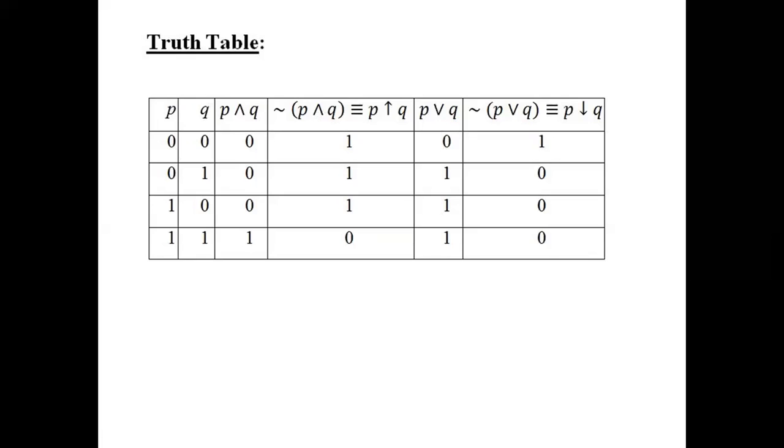Now negation of P or Q will be: negation of 0 is 1, negation of 1 is 0, negation of 1 is 0, and again negation of 1 is 0. So this is the truth table for P NOR Q. NOR stands for the combination of not and or. This is how we write down the truth table for NAND and NOR connectives. We note that P NAND Q and P NOR Q are duals of each other.